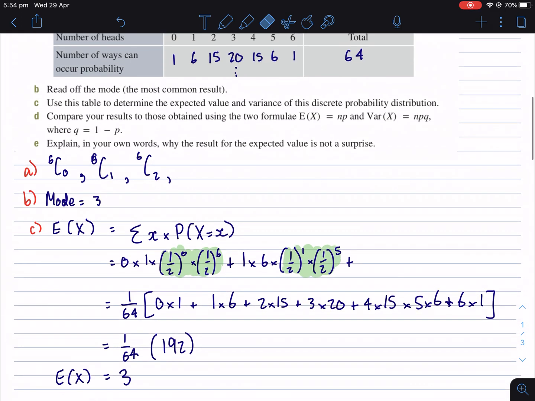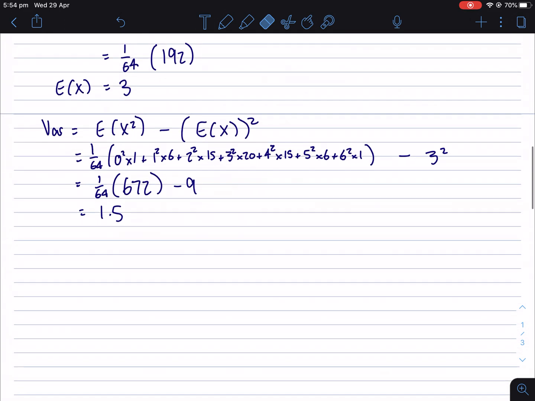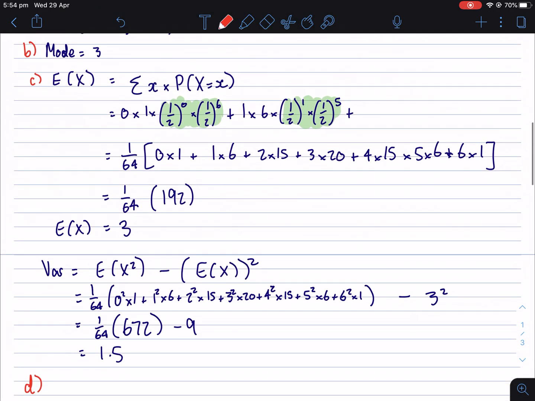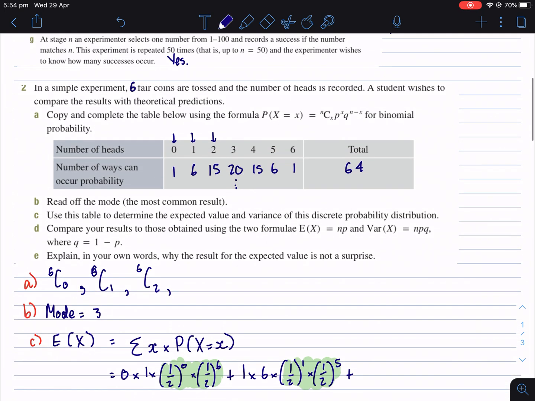Okay, question D, figure that out by using the two formulas. It's so much easier with the formulas, and you will never do it by adding and subtracting unless they're really mean. Okay, so we've got mu equals np, which is the expected value, which is going to be, we did 64, wait, no, 6 fair coins.